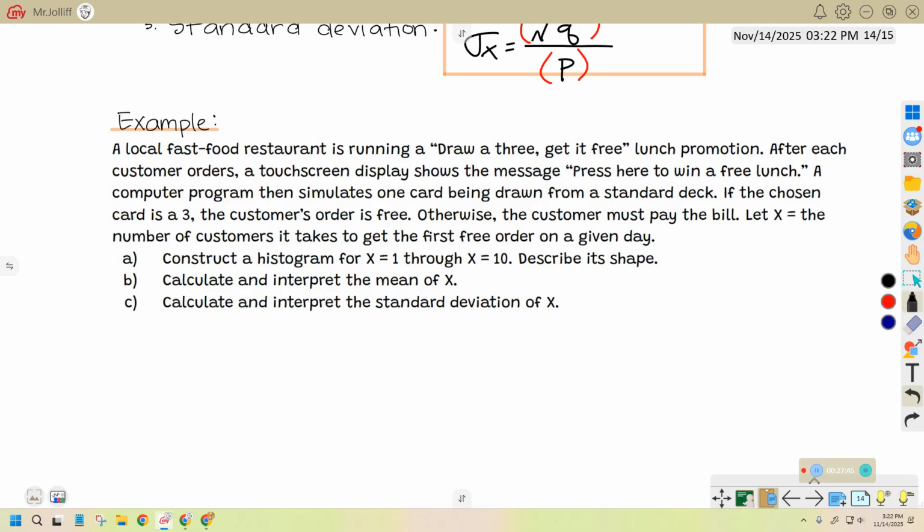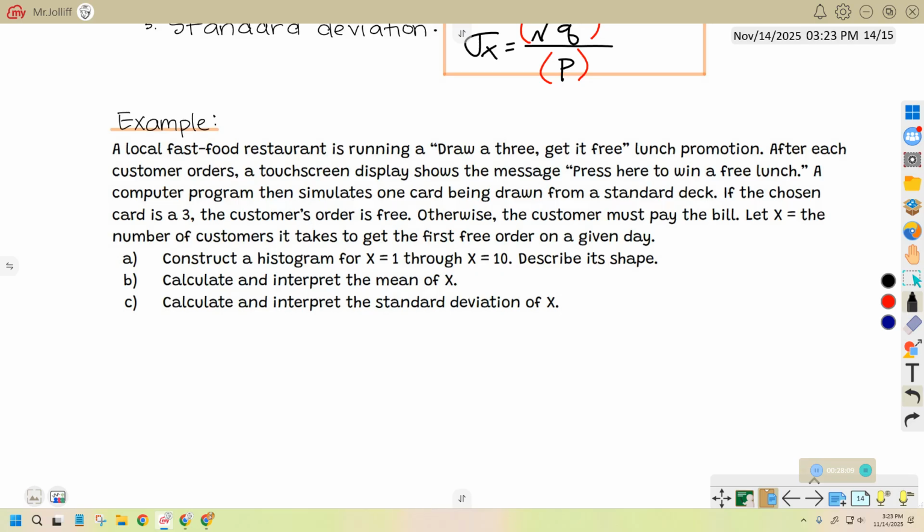So we go down the checklist. Is this binary? Yes. What are my outcomes? Free lunch or not free lunch? Good. Free lunch or pay bill. Are the trials independent? Yes, separate customers, separate bills, separate run of the program.